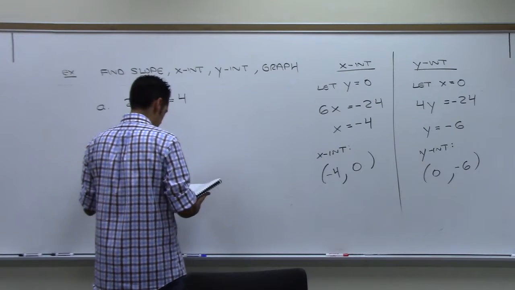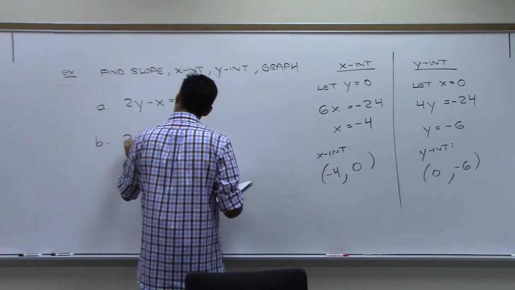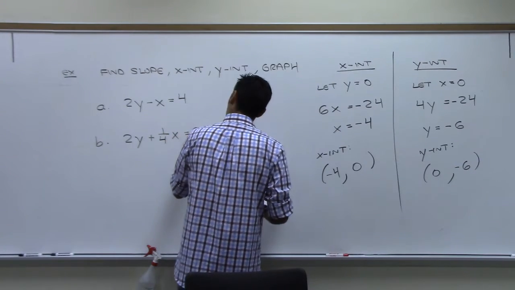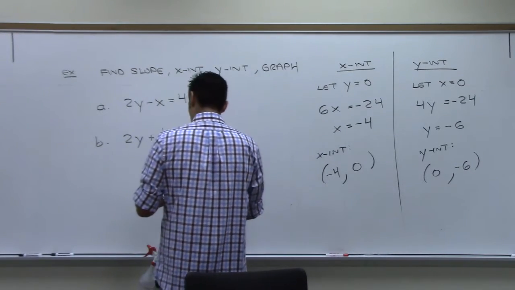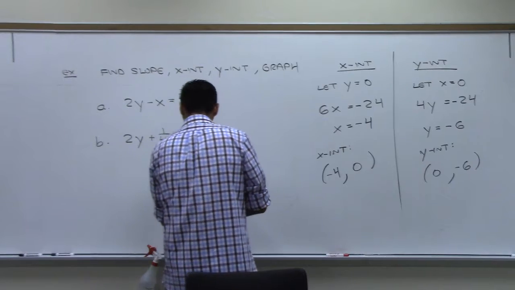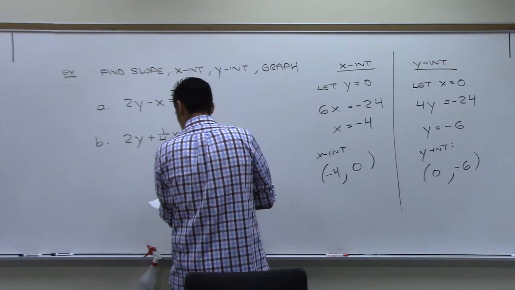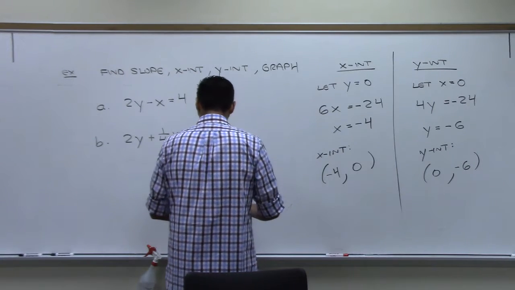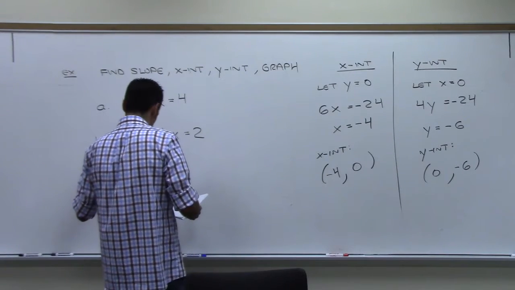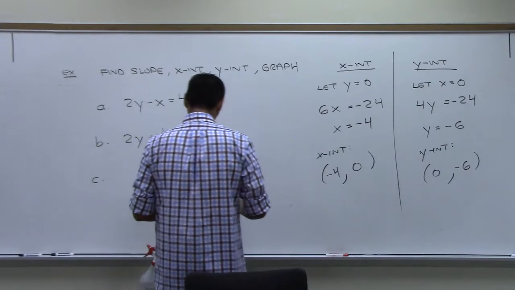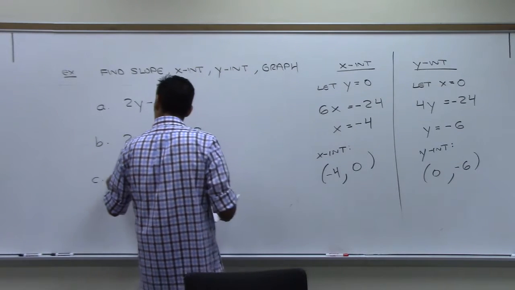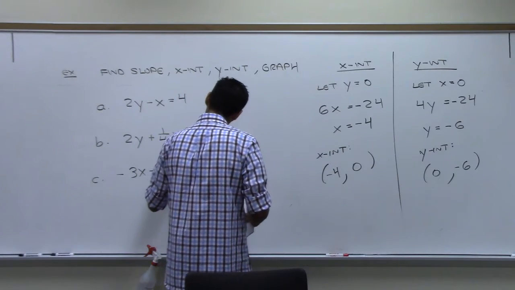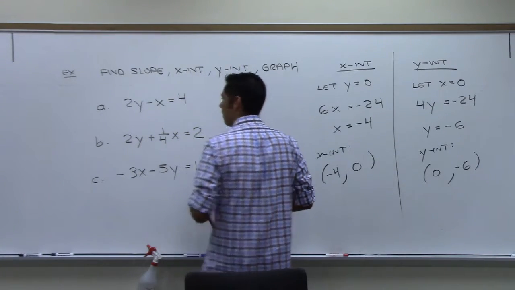Part B, 2y plus 1/4 x equals 2. And part C, negative 3x minus 5y equals 12.